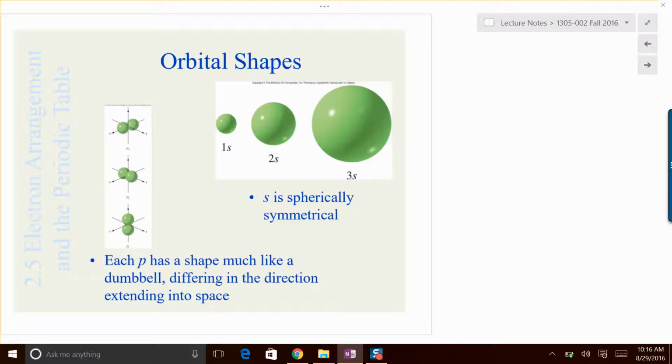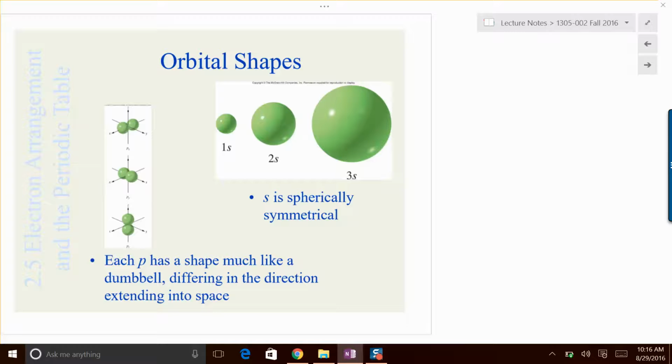When you jump into the P, there are 3 orbitals, right? There's 6 electrons. That means there's 3 orbitals. So when I jump into the P, I have 1, 2, 3 orbitals. Those orbitals are not just a sphere. They're more of this dumbbell shape, they call it. And you can see they're in these different planes, X, Y, and Z planes. Okay? So you have all 3 of those on top of each other in those different planes.